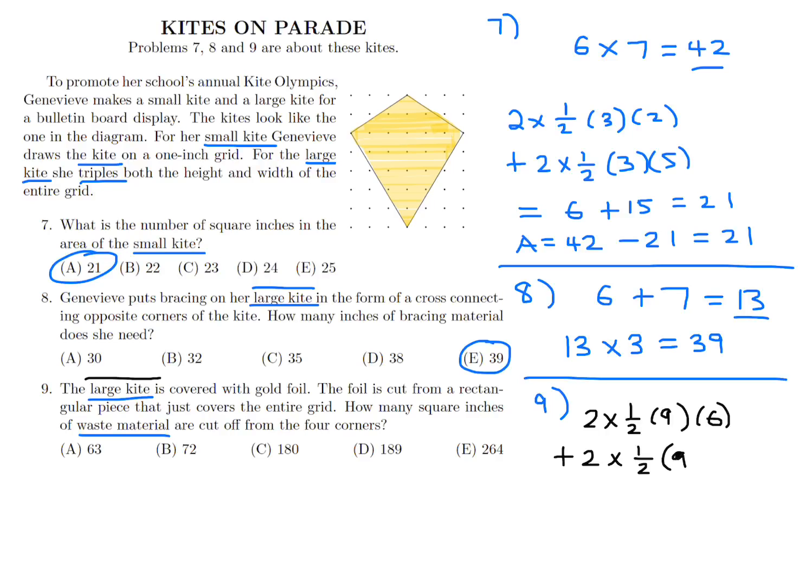So 9. And then the height is from here to here, which is 1, 2, 3, 4, 5. And we have to triple that. So we write 15. So therefore this becomes 9 times 6, which is 54, plus 9 times 15, which is 135, which totals 189. So 189 is the waste material, and that would make number 9 equal to D.